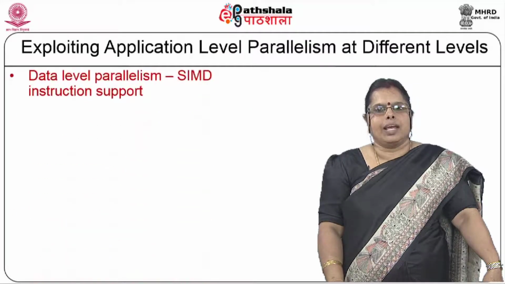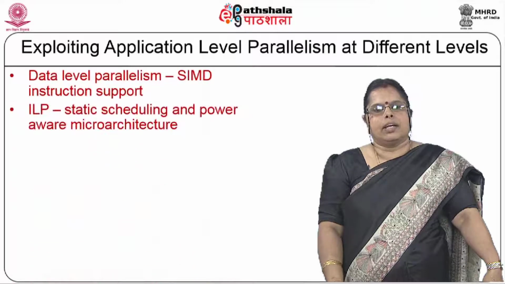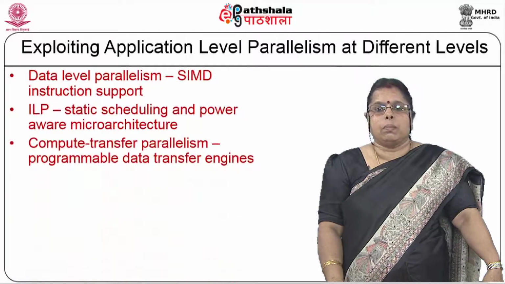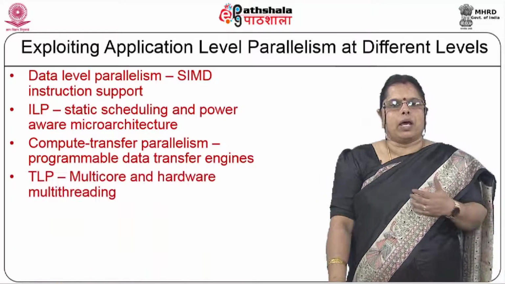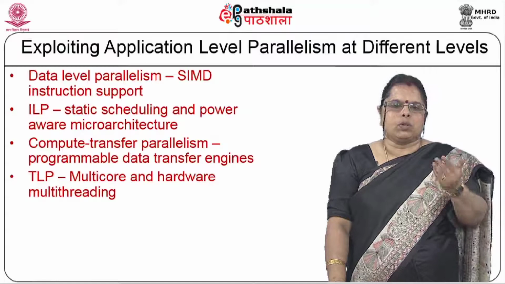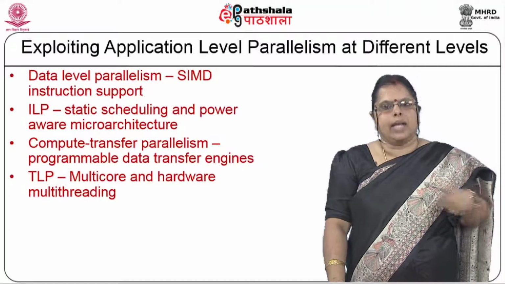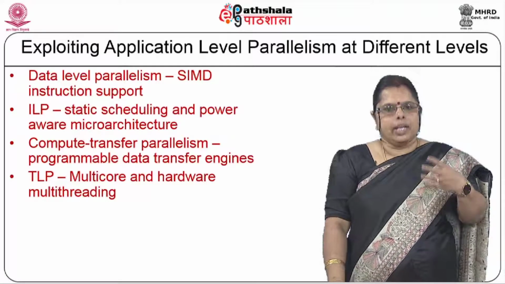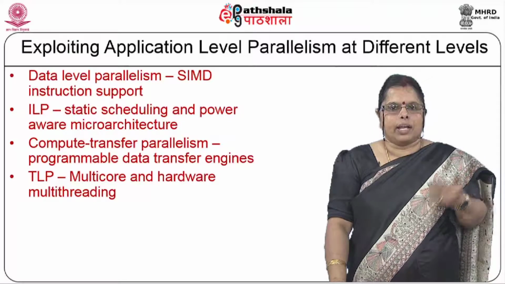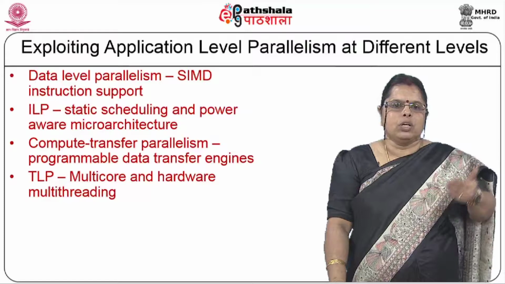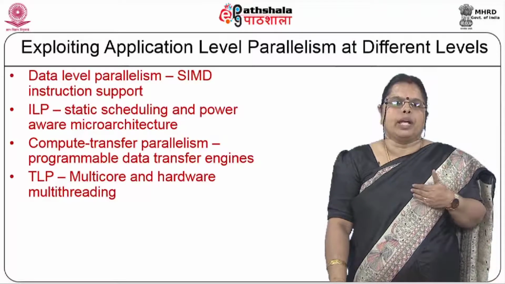And as far as the cell architecture is concerned, it tries to exploit parallelism, application level parallelism at different levels. The data level parallelism is exploited because of the SIMD instruction support and the SPEs that you have. And each of these SPEs support in order scheduling, and they can have 2 threads per execution. So, you have ILP also getting exploited.